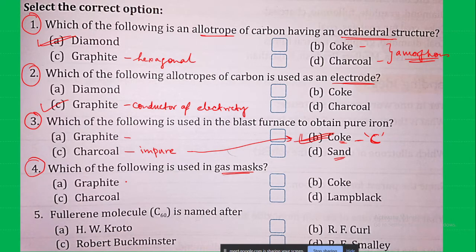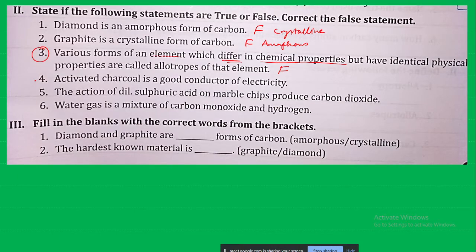Various forms of an element with differing physical properties but identical chemical properties are called allotropes of that element. So it will be the inverse. The chemical properties are similar, but the physical properties are different. Diamond and graphite are both allotropes. Their physical properties are different, but they are both carbon, so their chemical properties will be the same. You have to remember it that way.